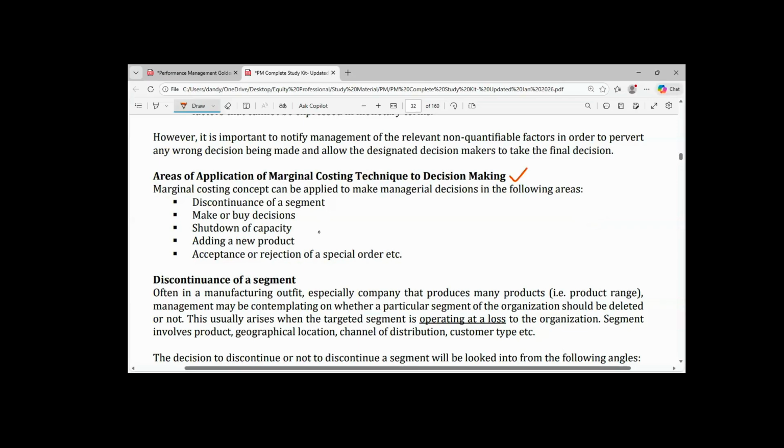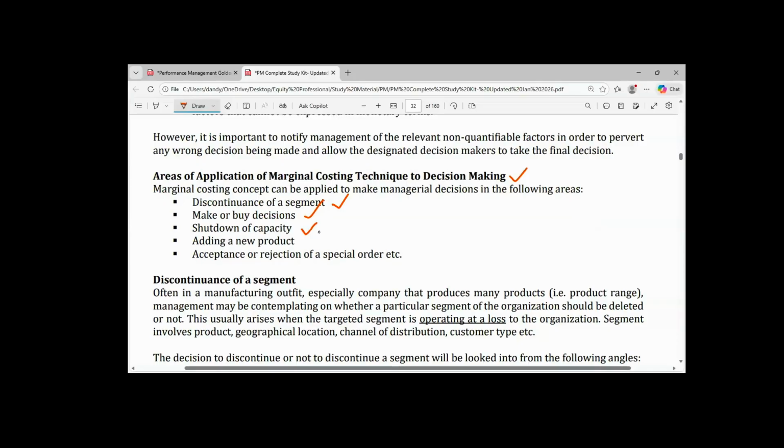So marginal costing technique can aid managerial decision in the following areas. Number one is deleting of a segment. Number two, make or buy decision. Number three, shutdown of capacity.